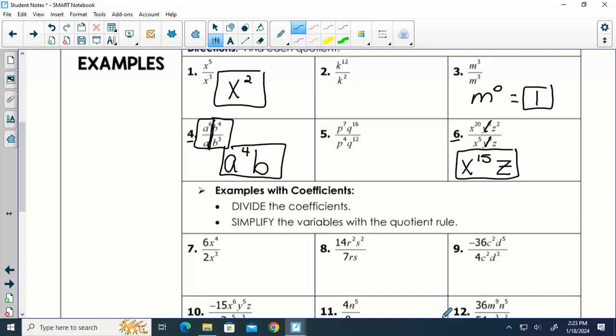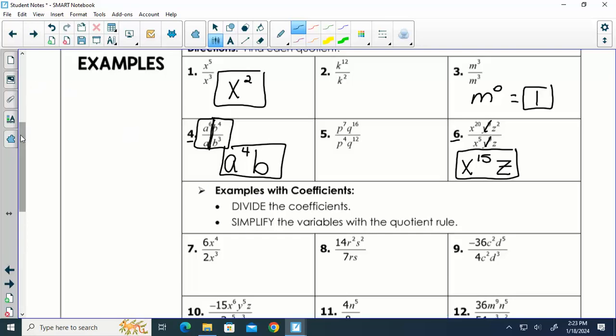So now let's start adding other pieces in. If I give you coefficients, so just like when we were multiplying, if we had numbers in front, we went ahead and multiplied those. If we have numbers with these coefficients, we'll just go ahead and divide them.